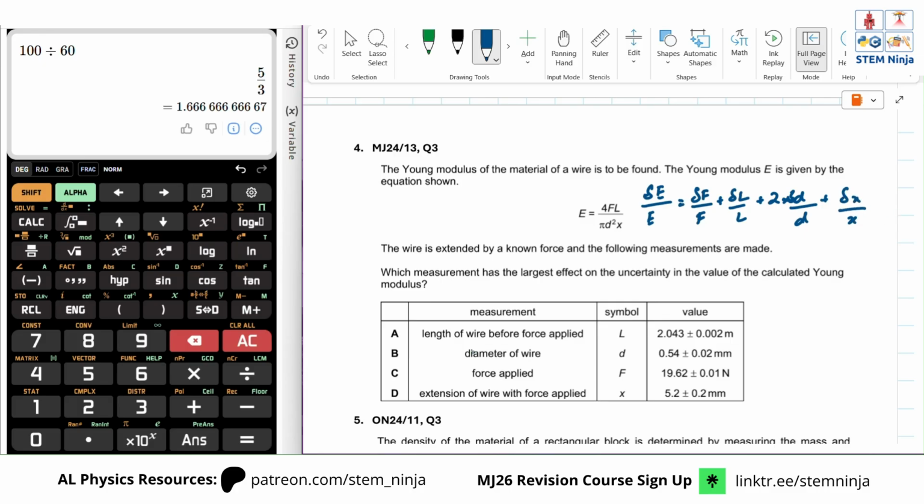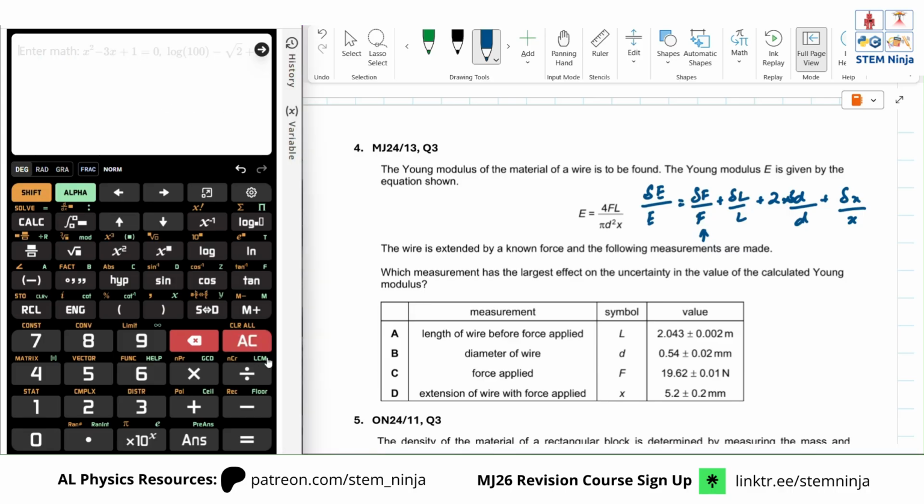Now, we need to see which one of these would cause the highest spike in percentage values. So 0.002 divided by 2.043, I think you can already see that this is not going to cause a lot of effect.